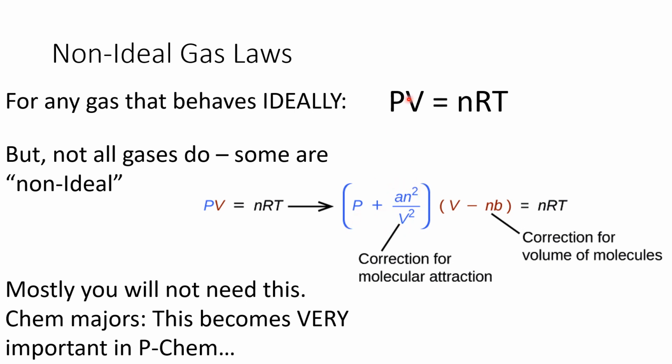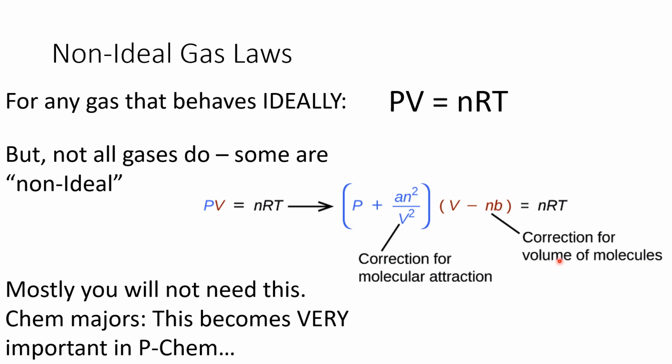Okay, now I've got to add a new term in. So it's not just pressure, it's pressure plus a correction, which is related to the volume. And then, what if I have really big molecules? A hydrogen molecule or an oxygen molecule or a water molecule, those are tiny. They are almost zero space, right?